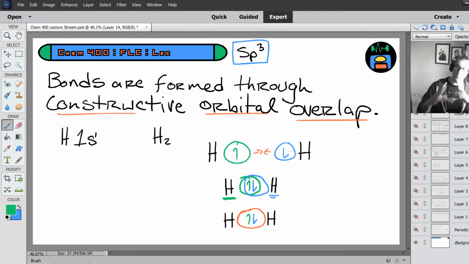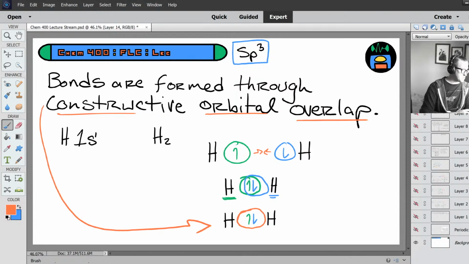That is how a bond forms. Those two orbitals overlap, and now those two electrons are being shared, and each hydrogen has access to both at the same time. This is the constructive orbital overlap. That is how the bonds form.